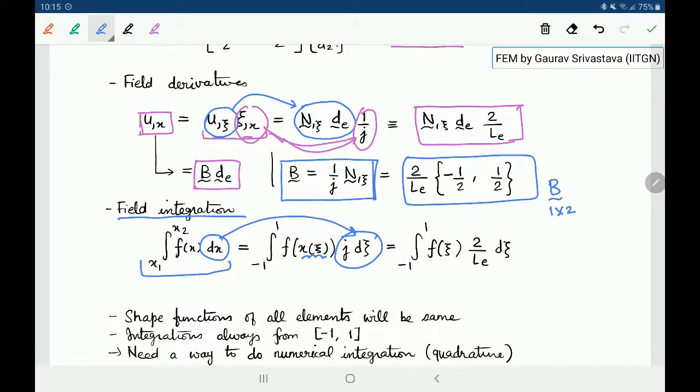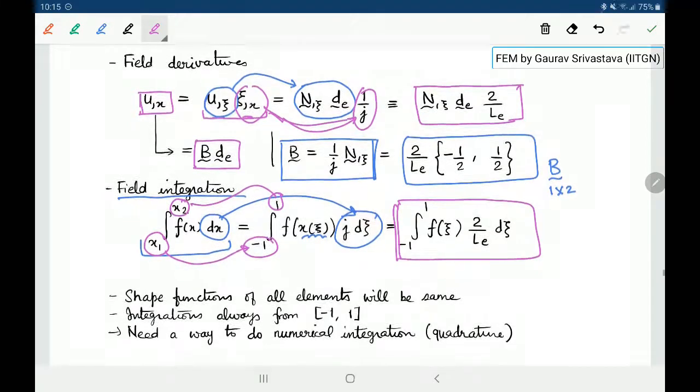And once we convert it to the psi space, the limits will become minus 1 to 1. Okay, so basically this integral becomes like this, and now the advantage of defining this reference element and then making use of the coordinate transformation is that the shape functions will be the same for all elements.